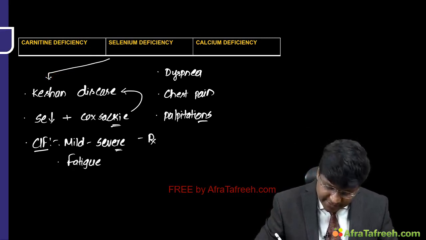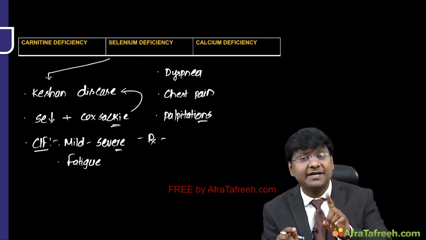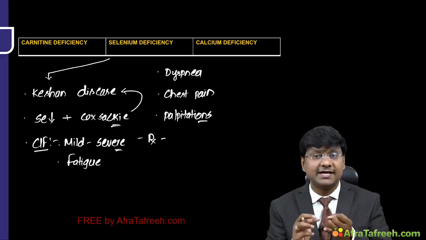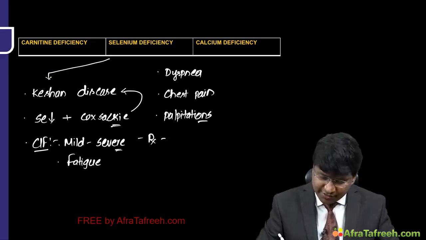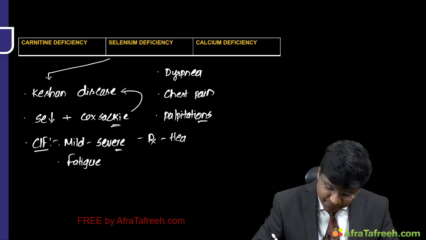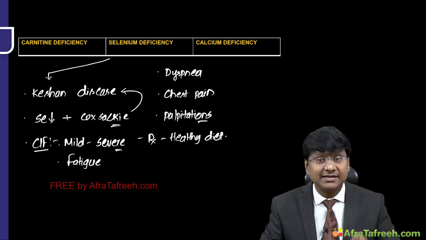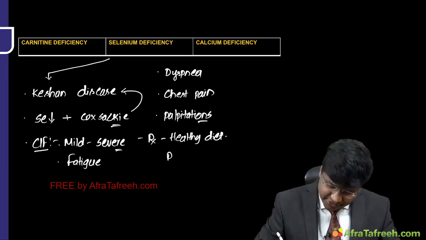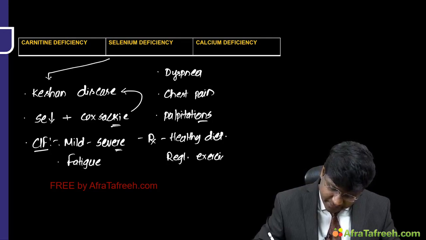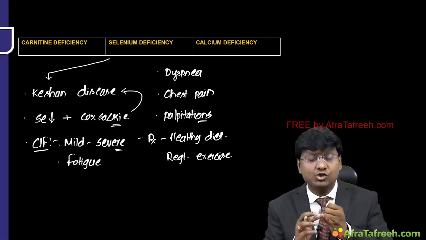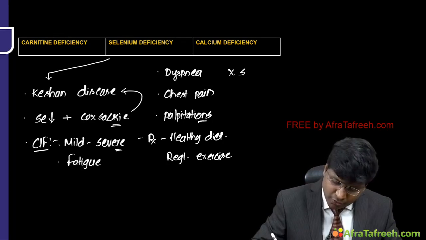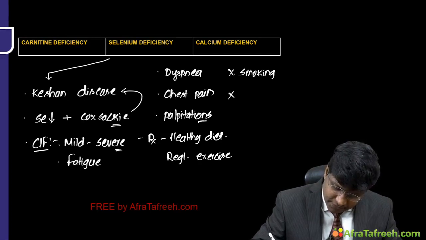Then how do you treat Keshan's disease? The treatment involves medication as well as lifestyle modifications. These individuals have to consume a healthy diet, which should be rich in selenium. And these patients have to do regular exercise, and avoid smoking and alcohol.